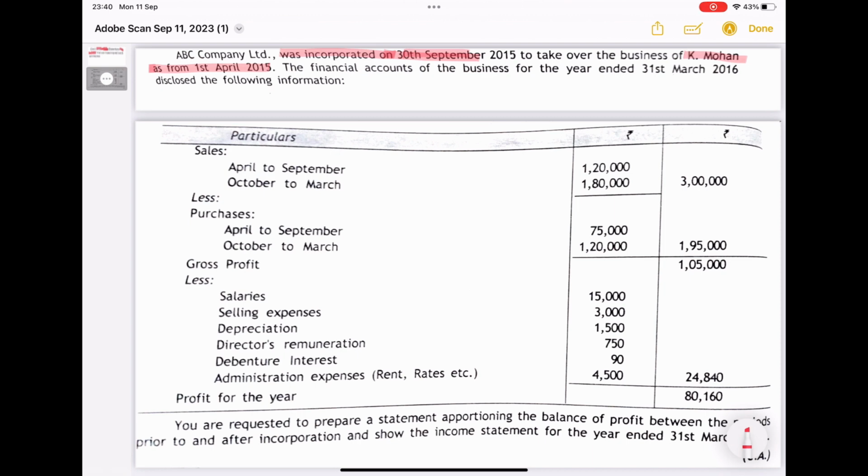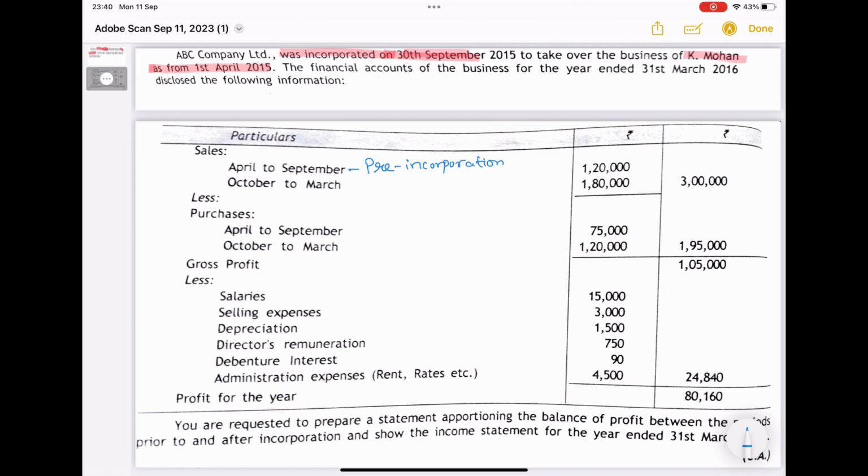They have clearly mentioned it, so it is a very easy concept, no need for confusion. Purchases we don't consider over here. We are directly going to calculate on the sales and time ratio itself. We don't require purchase ratios in this particular concept.